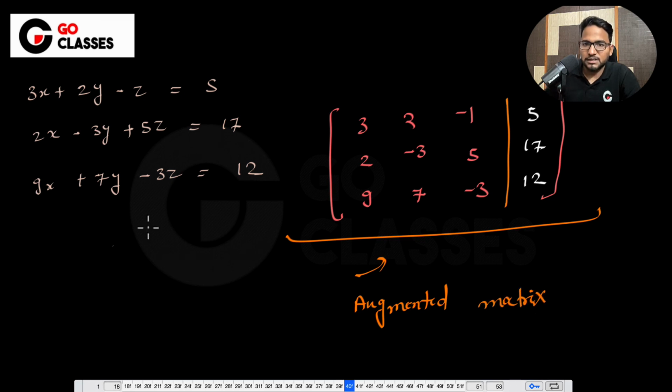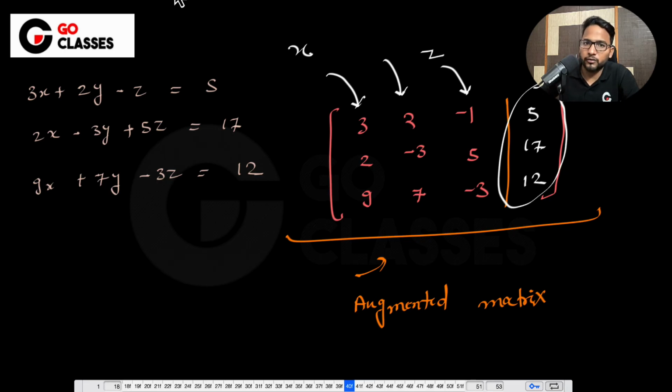Just notice that this particular column belongs to X, this one belongs to Y, this one belongs to Z, but this last column does not belong to any particular variable. So that is why we do not say that this column is a free column or a pivot or basic column. We do not associate any term here, free or pivot.